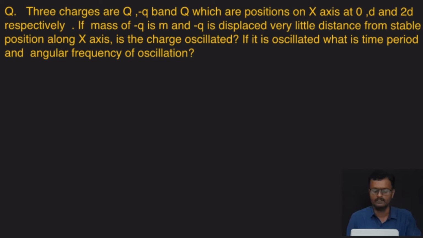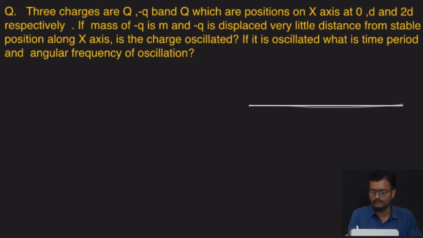Three charges q, minus q and q are positioned on the x-axis at 0, d and 2d respectively. If the mass of minus q is m and minus q is displaced a very little distance from the stable position along the x-axis, if it is oscillated, what is the time period and angular frequency of oscillation?